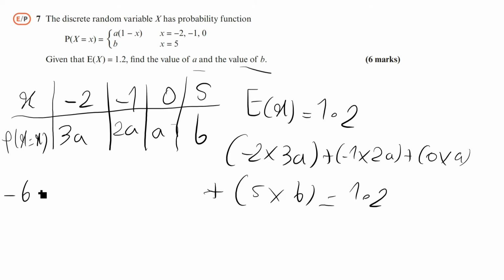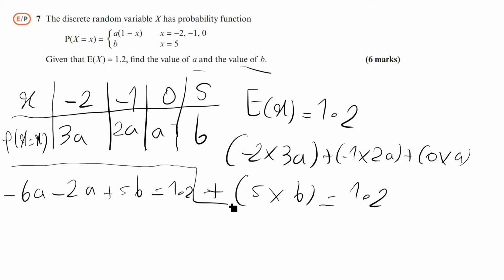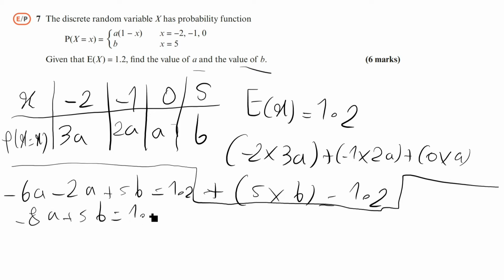Minus 6a minus 2a plus 5b equals 1.2. So minus 8a plus 5b equals 1.2. This is our first equation.